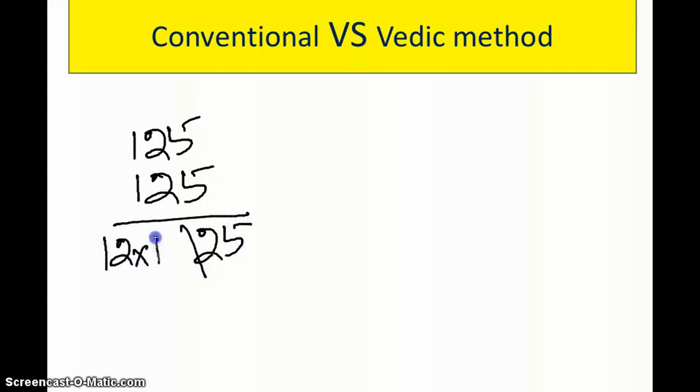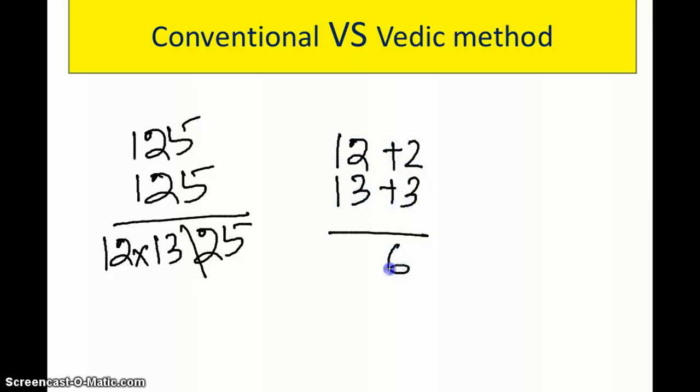Applying our previous technique, this is 2 more than 10, this is 3 more than 10, 3 2s are 6, 12 plus 3 is equal to 15. So 156, and the answer is 15625.